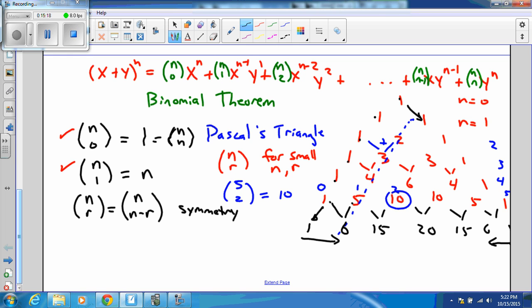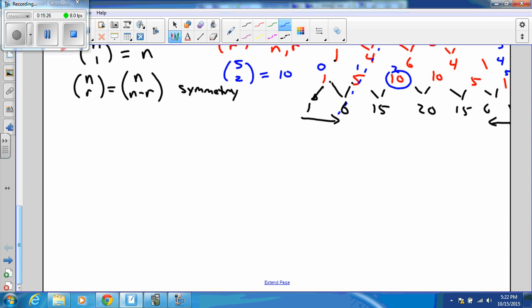Now let me show you how this works for small values of n and r, and then I'm going to give you a formula that is going to work for large values of n and r if you happen to need them. So here's an example. Suppose I need to simplify x minus 2 to the third power.